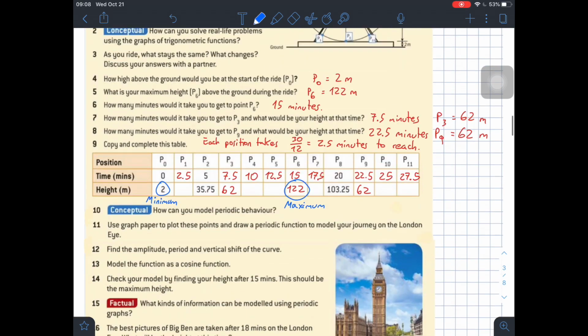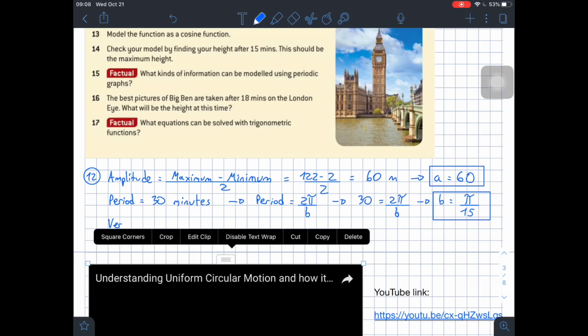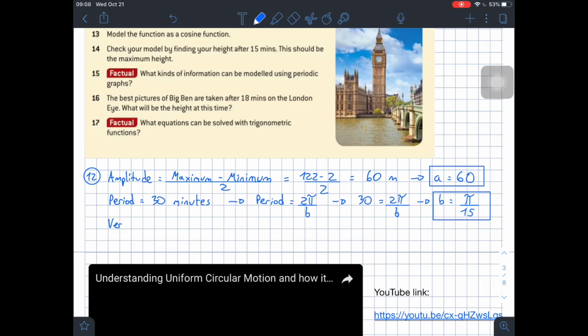So the vertical shift, or the axis, would be vertical shift is equal to 62 meters. That means that the value of D is equal to 62.